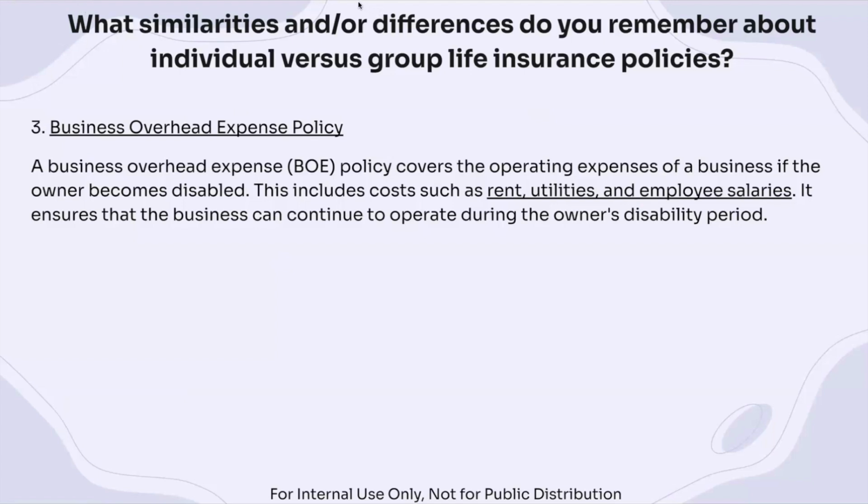If we look at our business overhead expense policies, these are policies that cover the operating expenses of a business if the owner becomes disabled. If the owner is unable to pay rent, the water bill, the gas bill, the electricity bill, and employee salaries, this ensures that the business can continue during the owner's disability period.